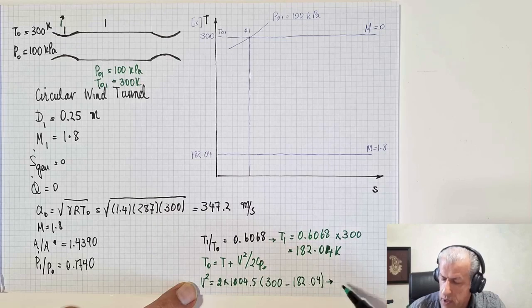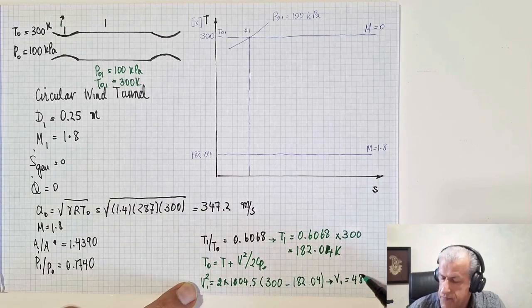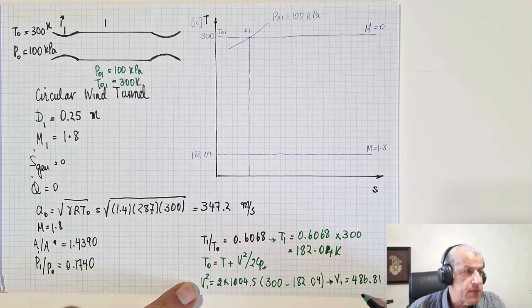And the outcome is that V1 is equal to 486.81 meters per second.